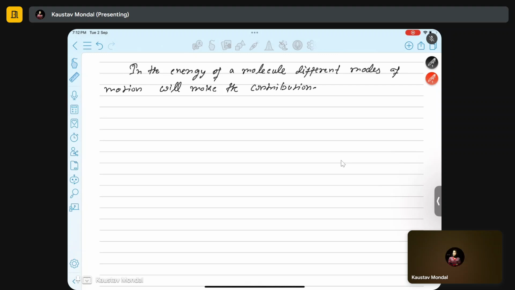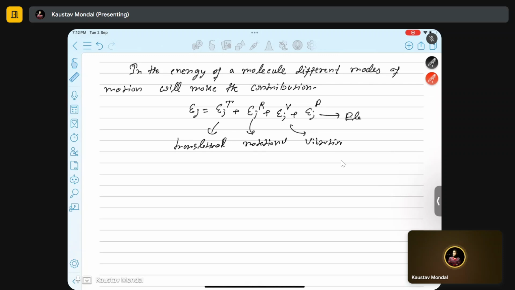So let's suppose the energy of the jth molecule, E_j, equals E_trans plus E_rot plus E_vib plus E_elec. One contribution is translational, one is rotational, one is vibrational, and one is the electronic contribution.